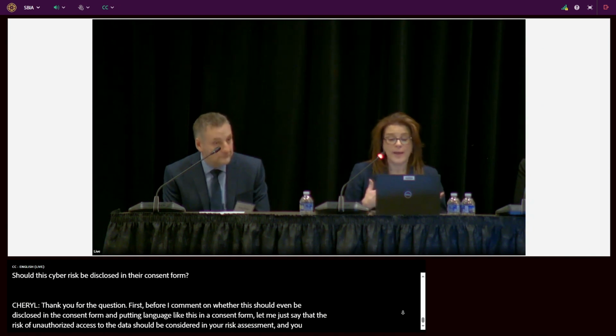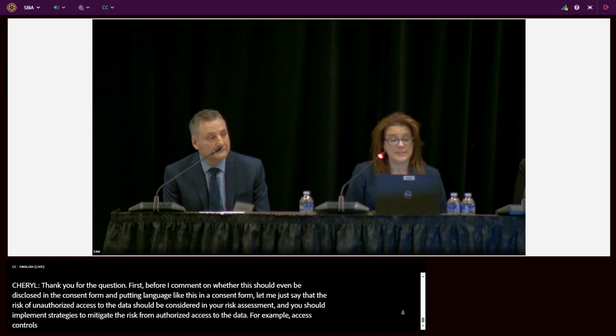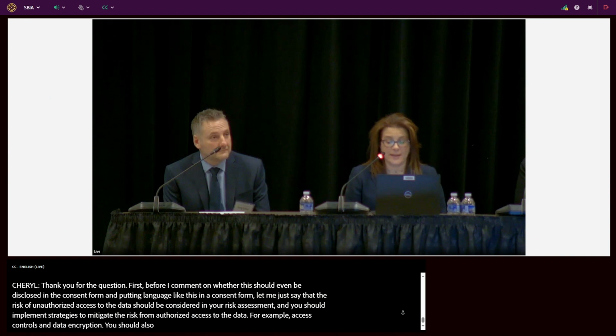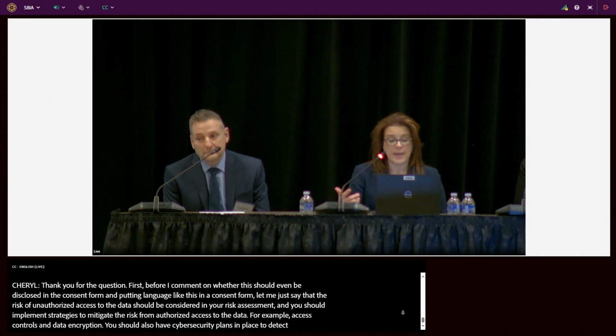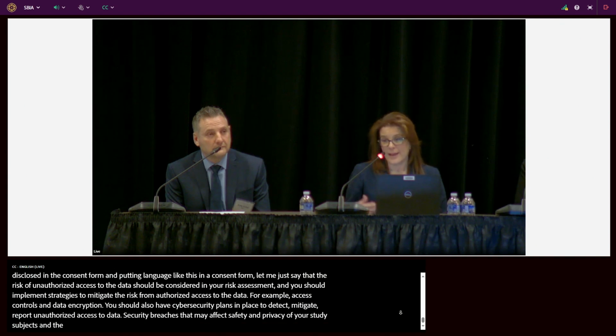So for example, access controls and data encryption. You should also have cybersecurity plans in place to detect, mitigate, and report unauthorized access to data. Security breaches that may affect safety and privacy of your study subjects and the confidentiality of the data should be reported to the IRB and to FDA in a timely manner.